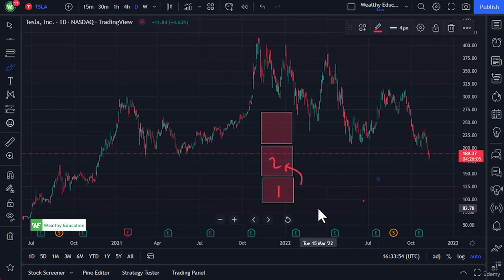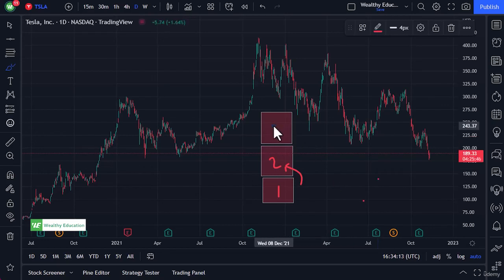Why? Well, it's the floor because think about it this way. If you were selling here or you were betting on the price going lower, if it comes back and you're break even after losing a bunch of money and you can get out relatively unscathed, you're more than willing to buy your short position back.